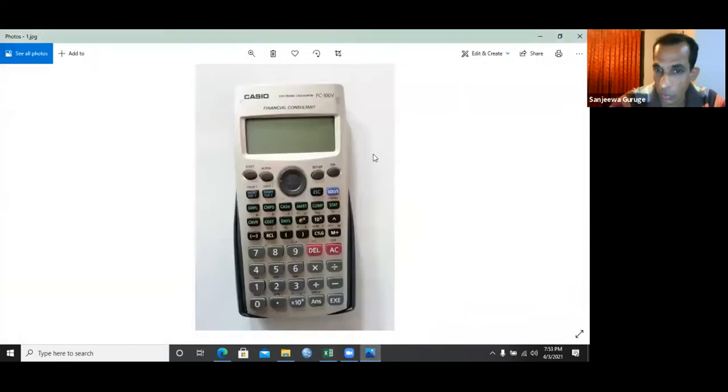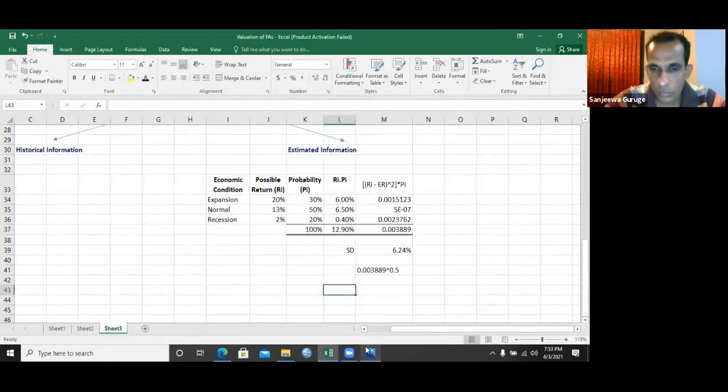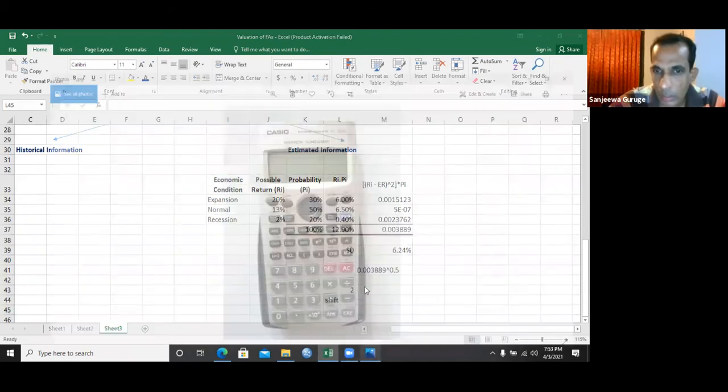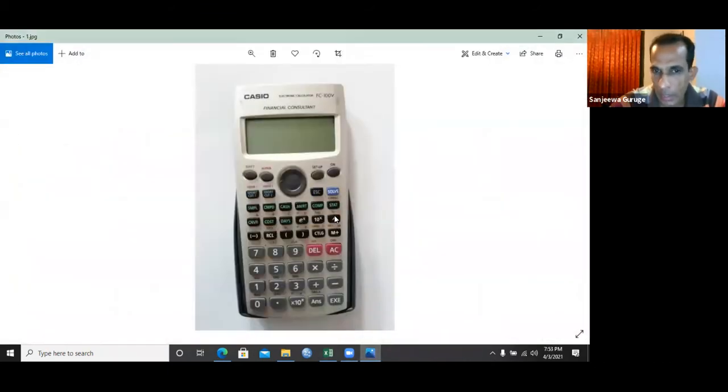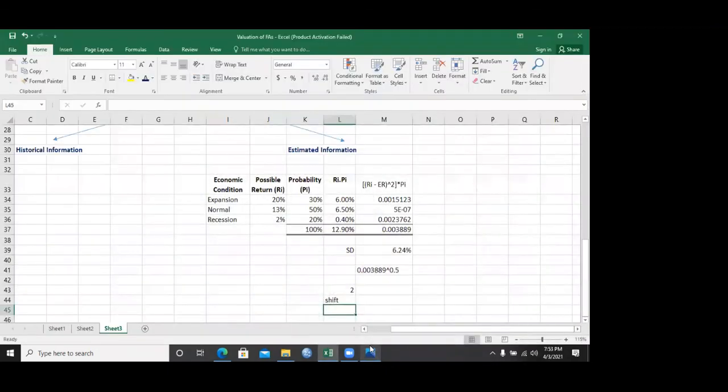When you have the 100V calculator, you have to put 2, then shift, then that particular key, right? What is that key? It is this key, the hat key.